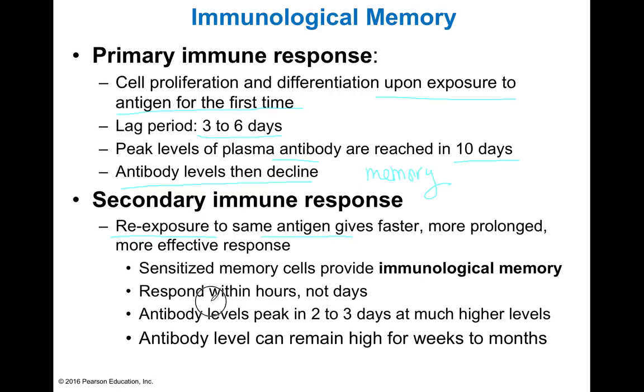The response is within hours rather than days. Remember, 3 to 6 days lag. You reach your peak antibody in about 10 days, but here you reach it in about 2 to 3 days, and the levels are going to be much higher. And antibody levels are going to remain high for a longer period of time.